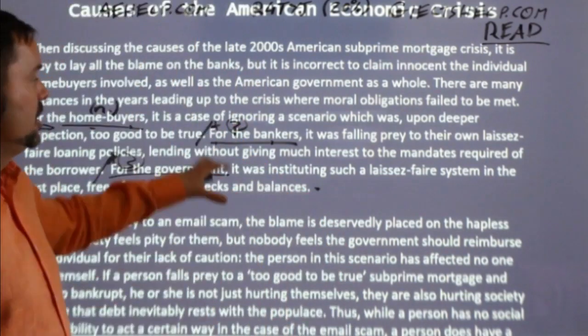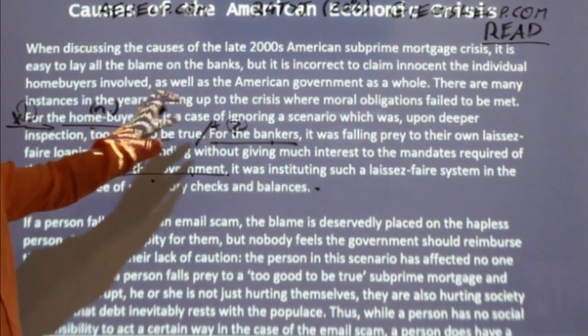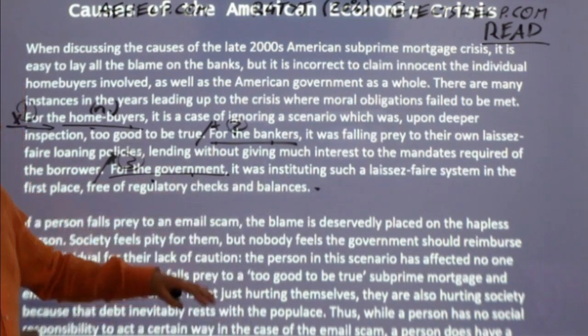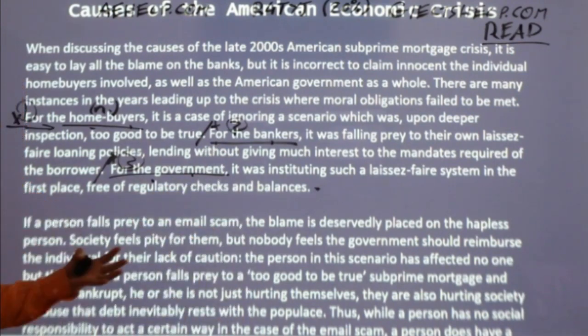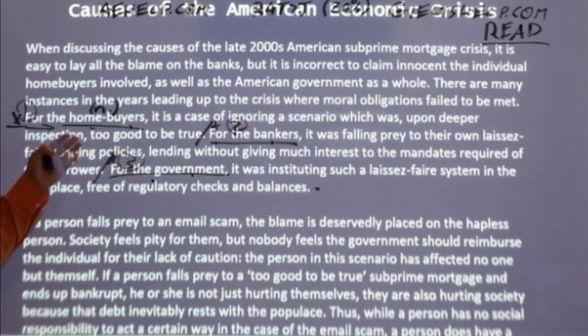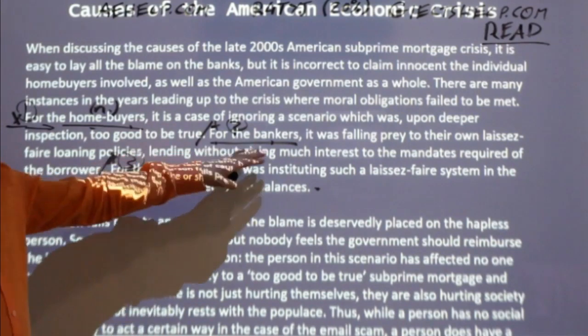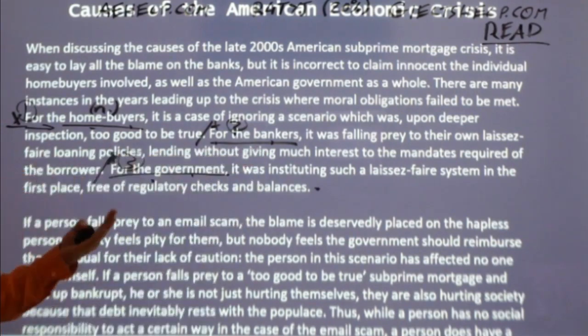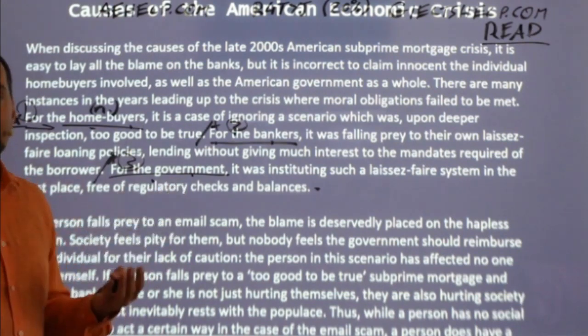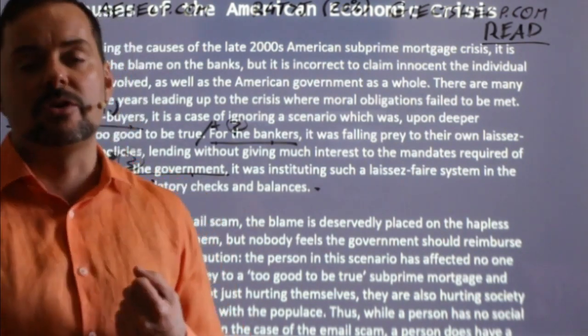So the introduction introduces these points, and then the body paragraphs will elaborate or give more information on these points. So body paragraph 1 will most likely be about home buyers and why they are causing the crisis. Then there will be a paragraph about bankers, why they're causing the crisis, and finally about the government and why they're causing the crisis.